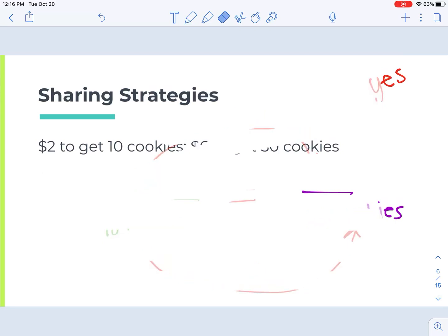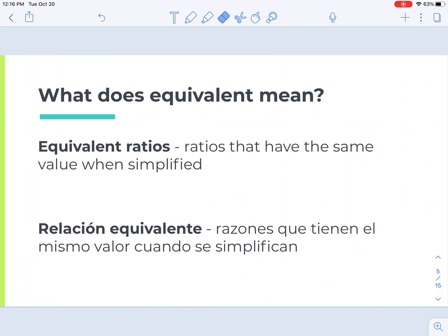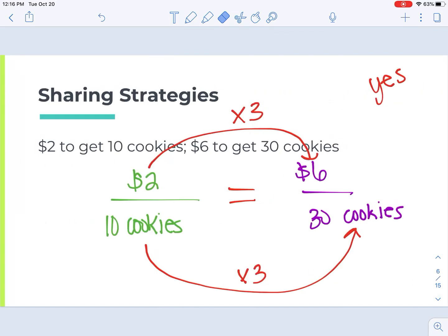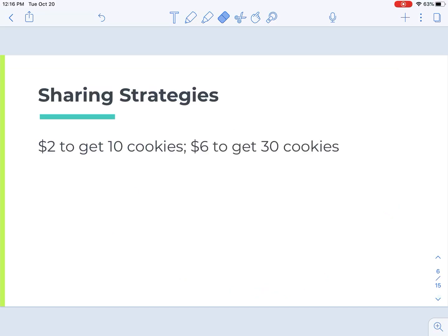Another strategy that people might use is finding their unit rate. There's a way to just clear the page. Okay. So over here I have $2 for 10 cookies.